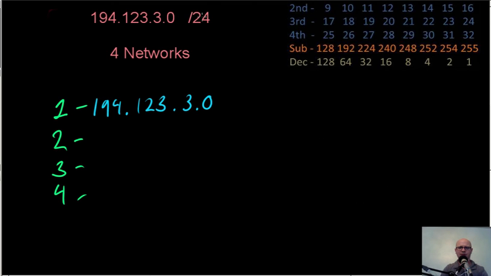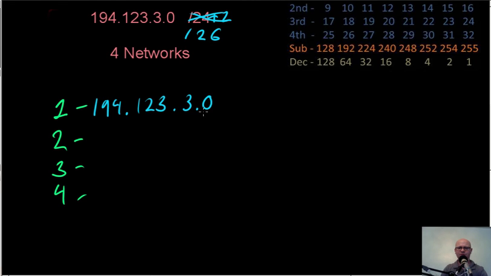So if we have a /24 plus 2, because we're taking it from the host portion, we've got 8 bits in the host portion. So /24 plus 2 is going to give us a new subnet mask of /26, right? So what do we want to do next? We've got how many networks we need, and how many bits we need to borrow.